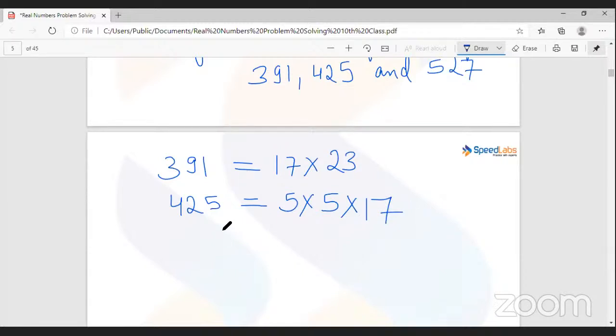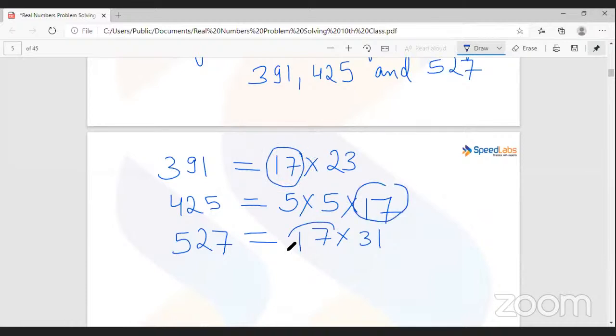Great. And what is the prime factorization of 527? 17 into 31. Yes. So now what is the highest common factor here? 17. Yes, 17 is the highest common factor.